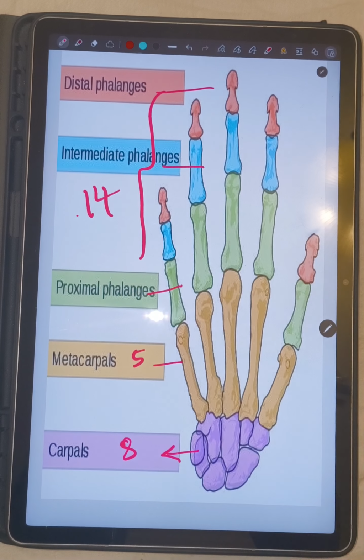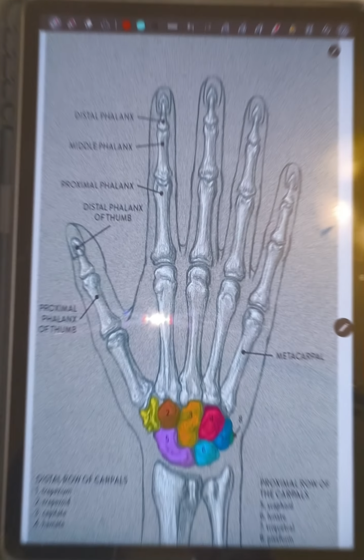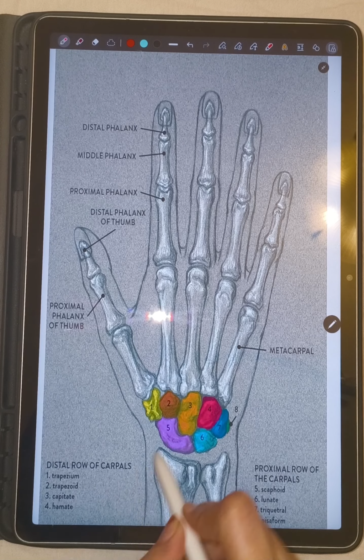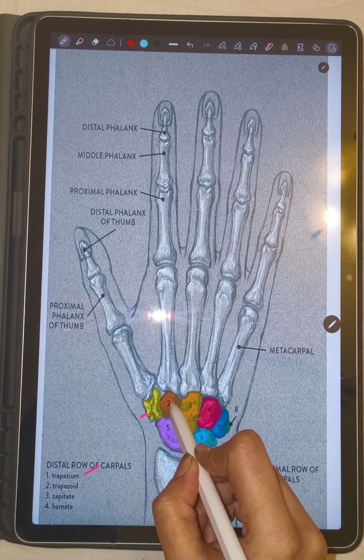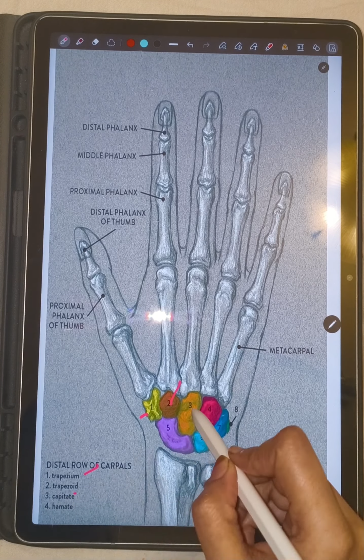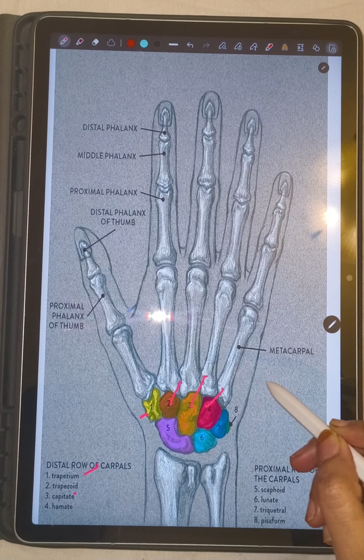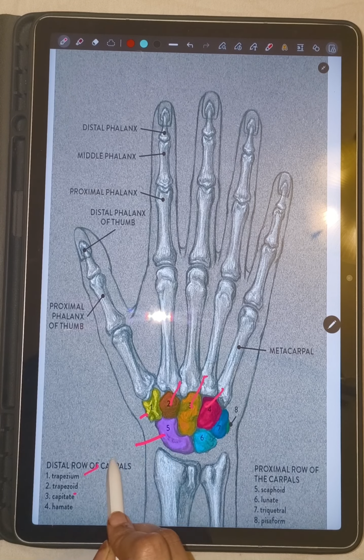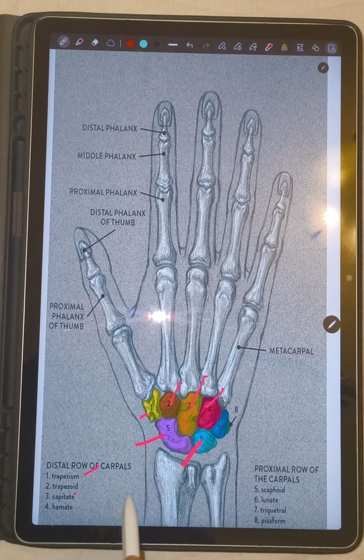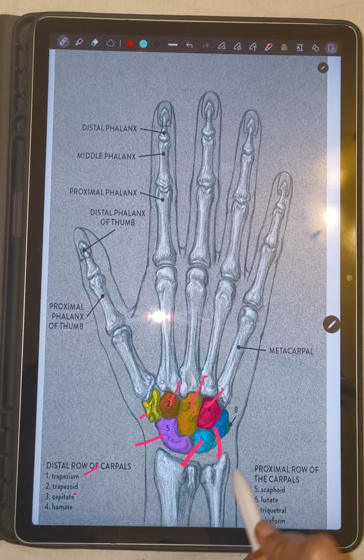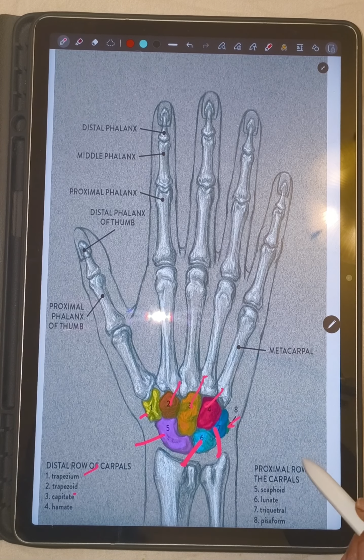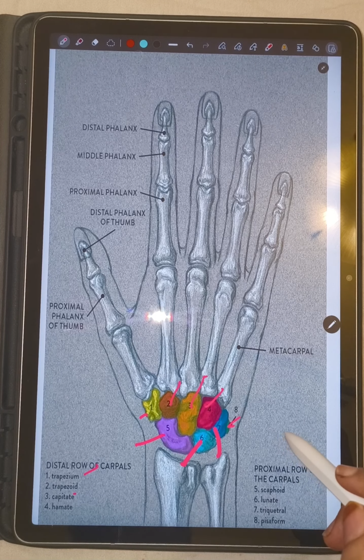Total phalanges 14. Next, the distal row of carpals: this is the trapezium, the trapezoid, the capitate, the hamate, and the scaphoid, the lunate, the triquetral, and the pisiform. So these are the pectoral girdle bones.